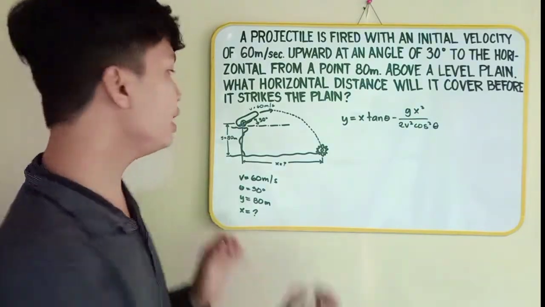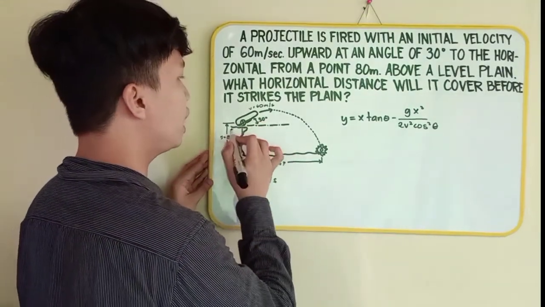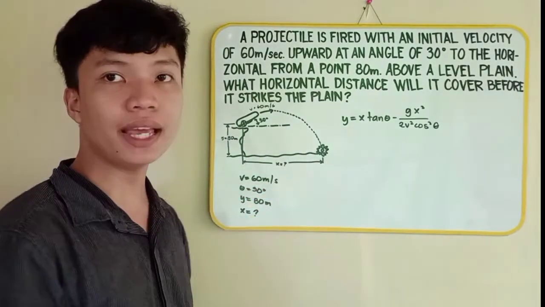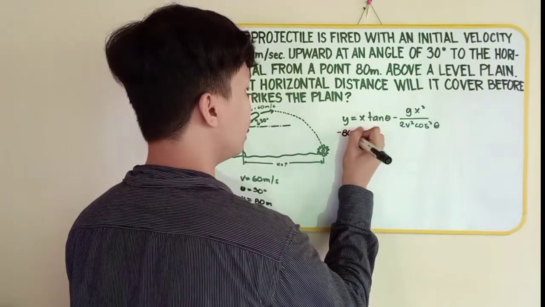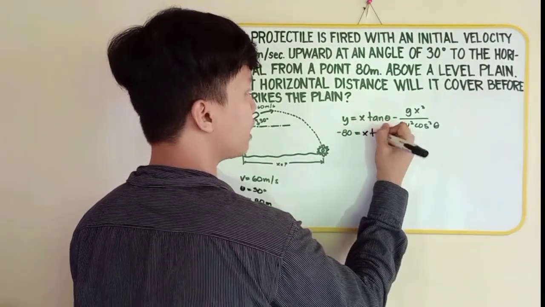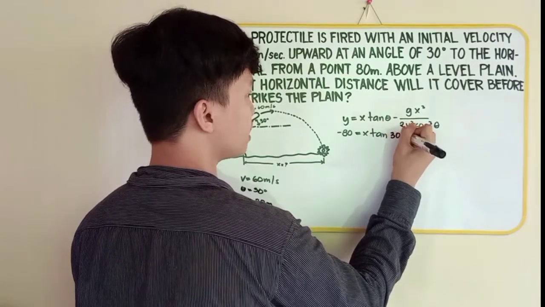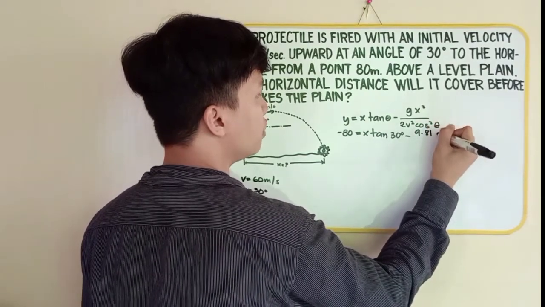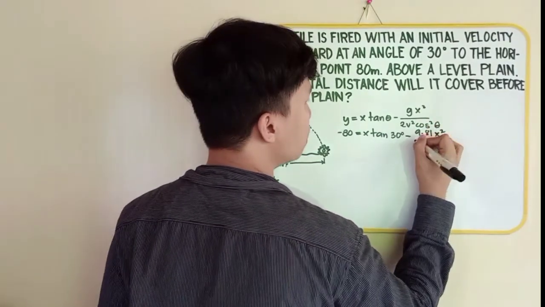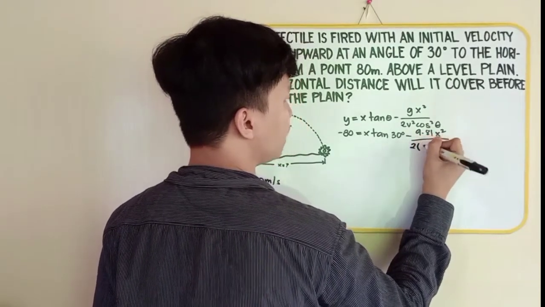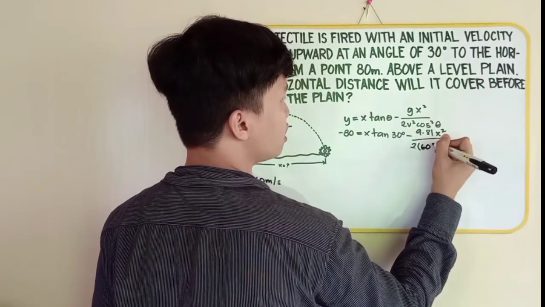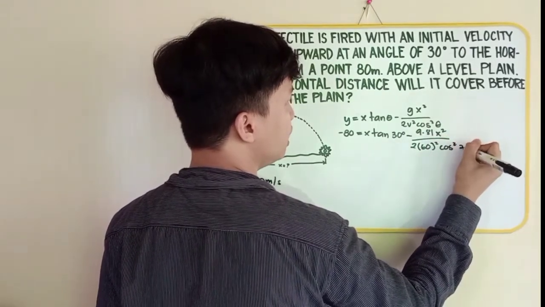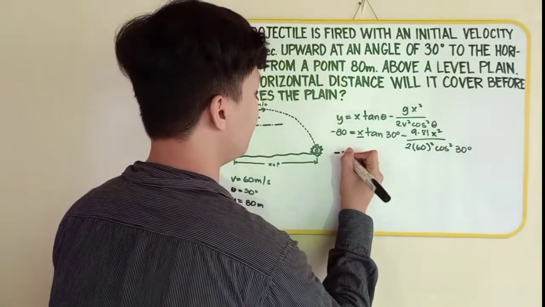Since any vertical distances below the reference line will be considered negative, our y here will become negative 80, equals x tan 30 degrees minus the gravity 9.81 multiplied by the unknown value of x squared over 2 multiplied by 60 meters per second squared, cosine squared 30 degrees. We will just copy negative 80 here.